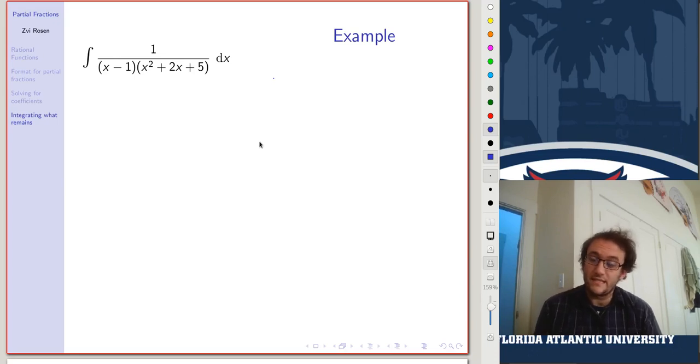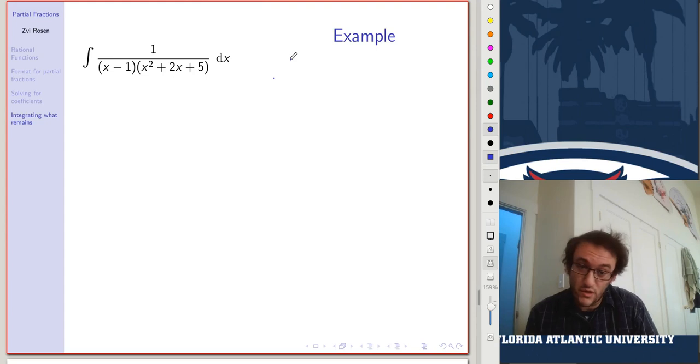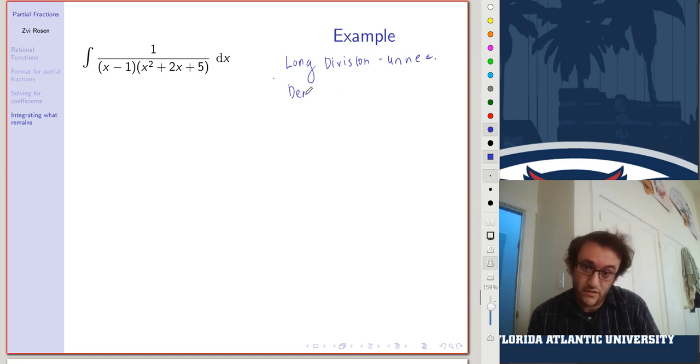So now we'll work on the example, the integral of 1 over x minus 1 times x squared plus 2x plus 5 dx. We just do a quick check. We note that the long division is unnecessary. The denominator is fully factored.